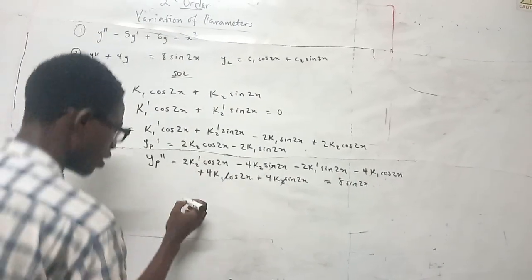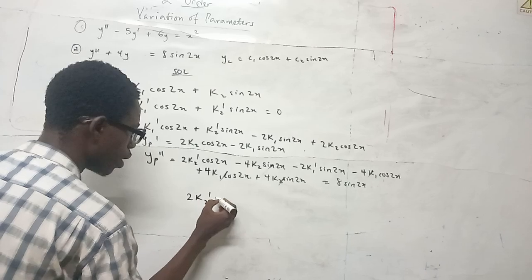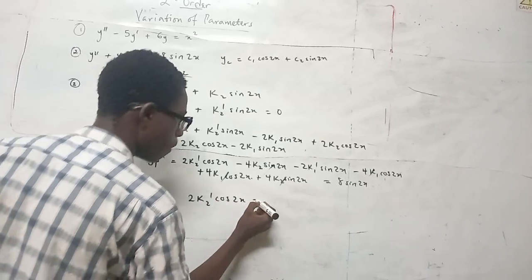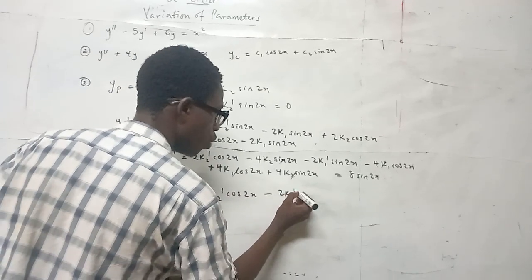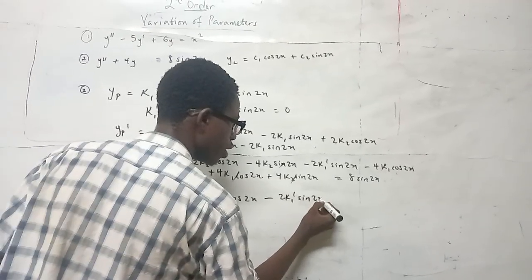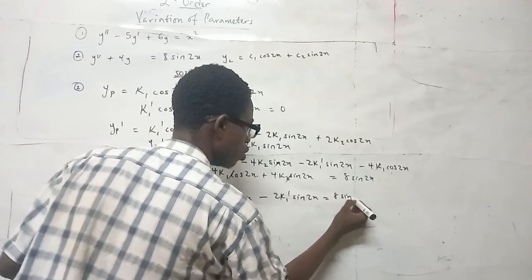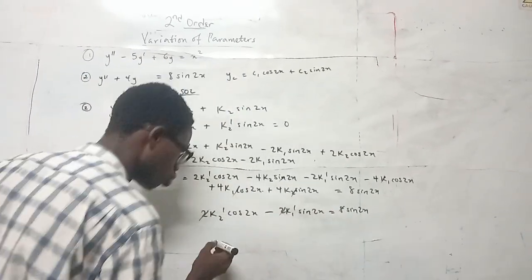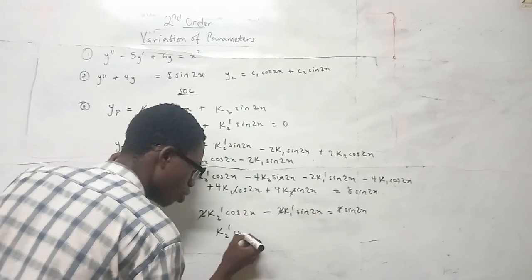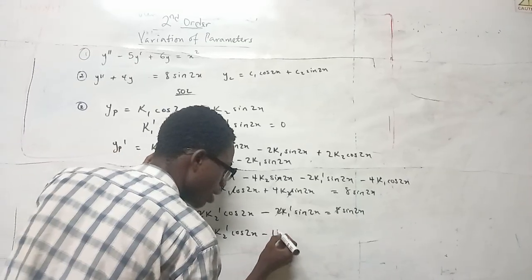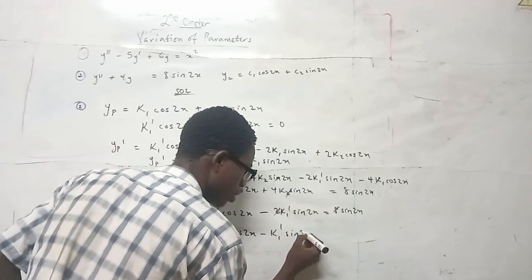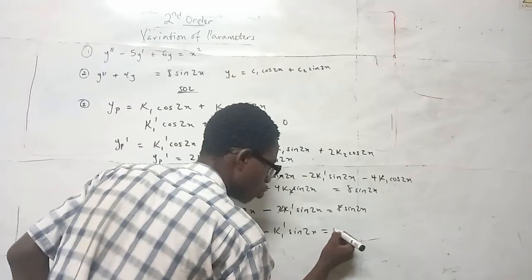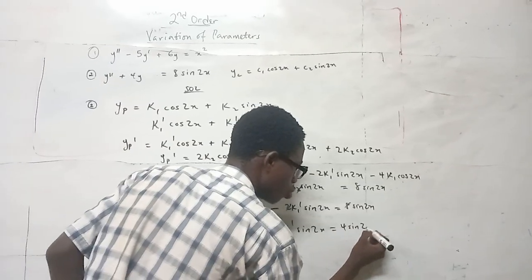Which means I'm going to have 2k2 prime cos 2x minus 2k1 prime sine 2x equals 8 sine 2x. There is a 2 in everything, so I can divide everything through by 2. So I'm going to have k2 prime cos 2x minus k1 prime sine 2x equals 4 sine 2x.